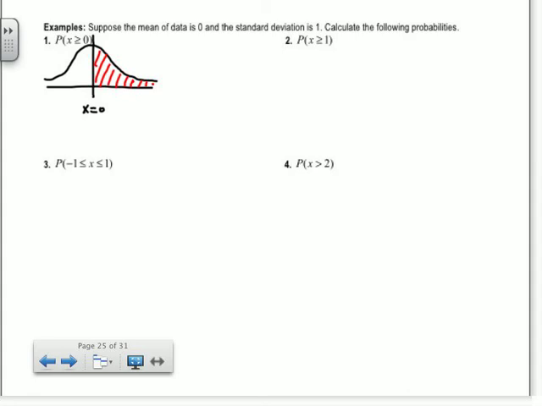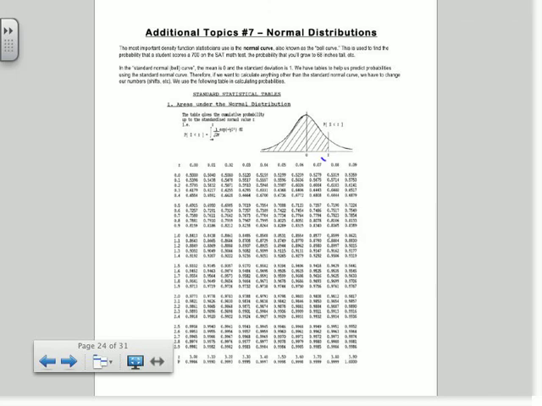Now, what would you guys think this probability is? It's not a hard question. 50%, right? 0.5. All right, why do you guys think that? Right, it looks like it's half. The standard normal curve is very symmetric. So this is 50%. So let's look at our table. We have x greater than or equal to 0. We're going to call this our z-score, our z-value.